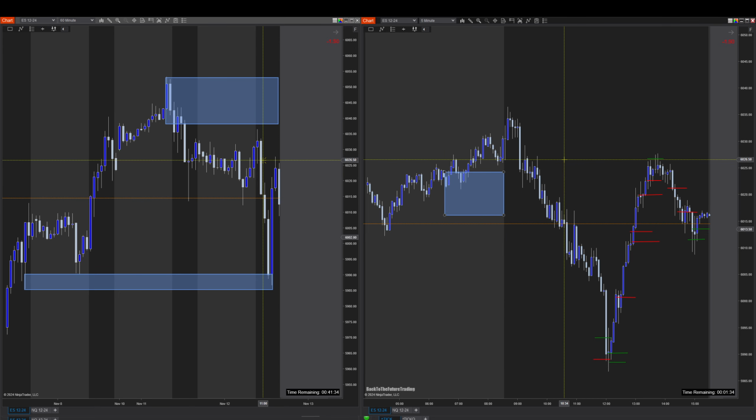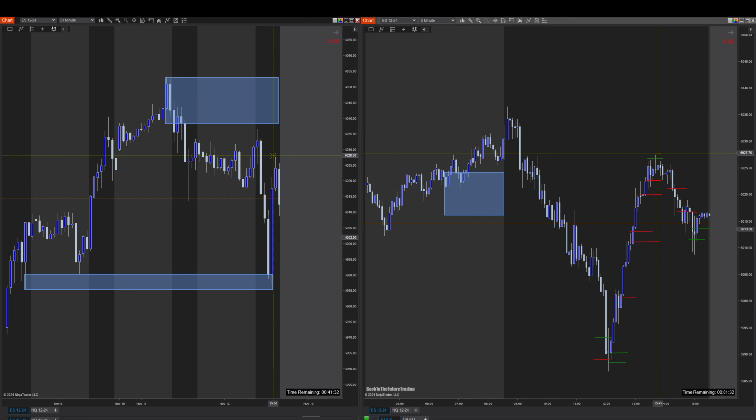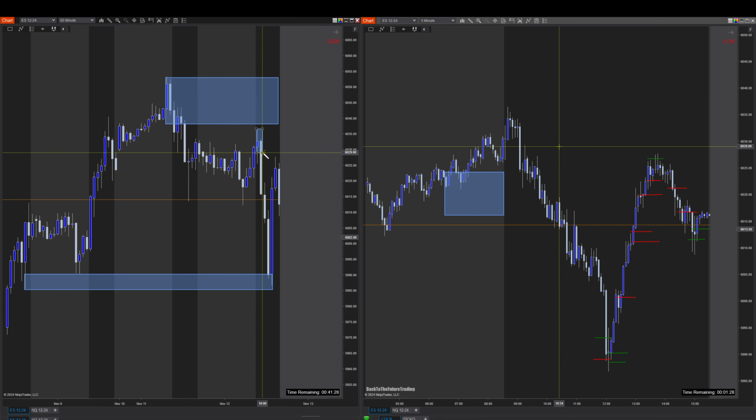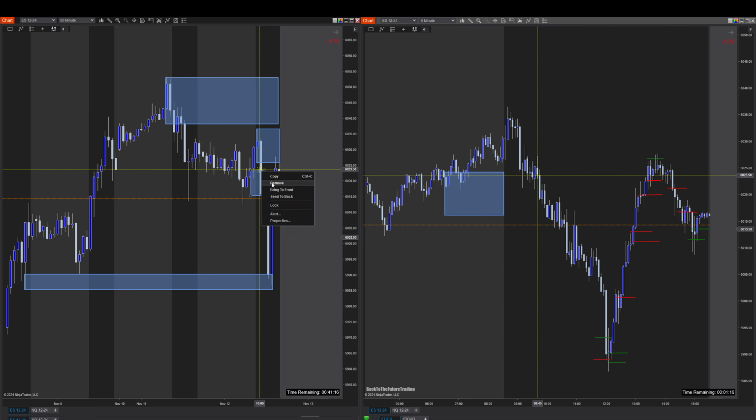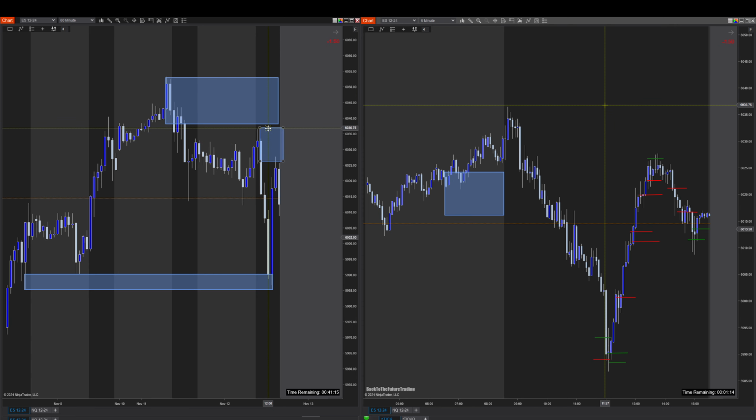And then once on the hourly here, we have this candle. And then once we break down on this large candle, this becomes supply on the hourly. Okay, so on this candle, we form the supply on the hourly. So now we have the sellers up here, and we have where we believe the buyers to be down here.